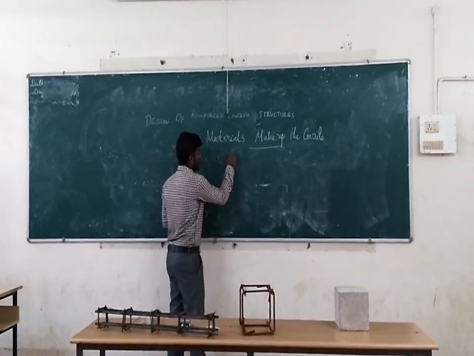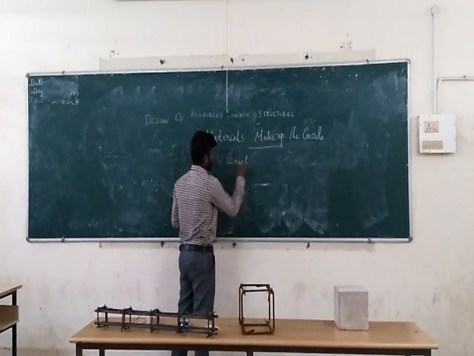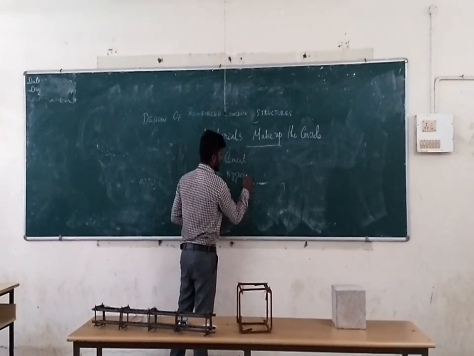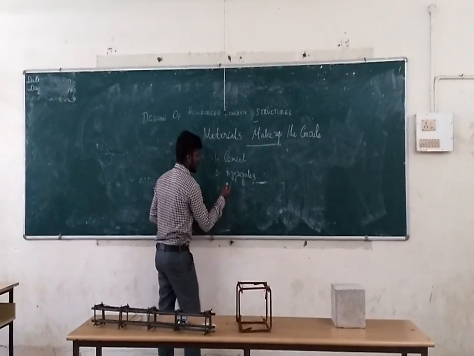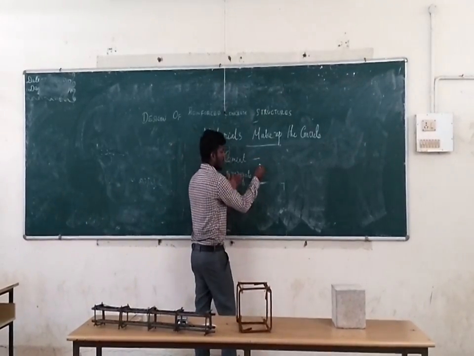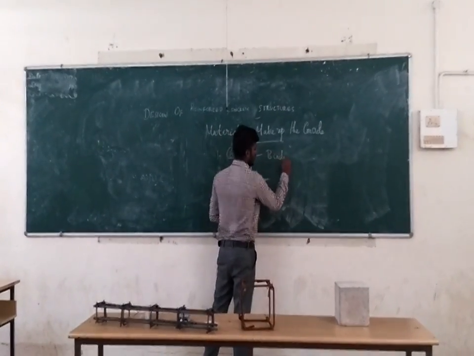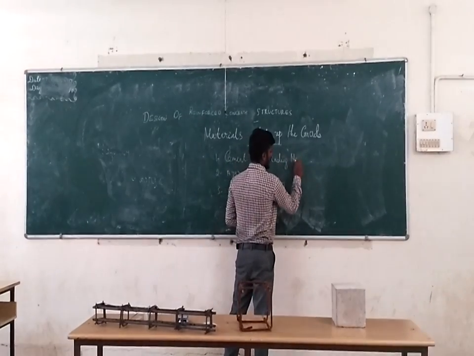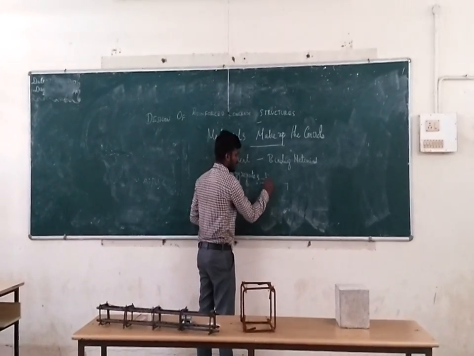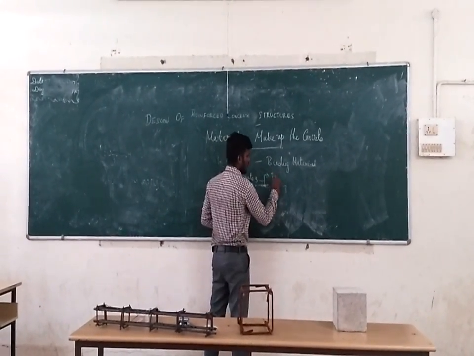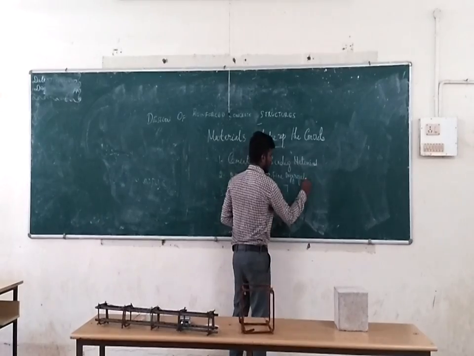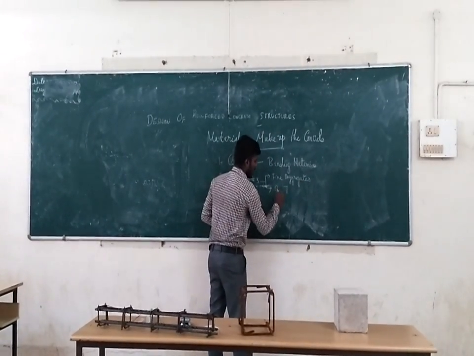First one is cement. Second one is aggregates. Third one is water. Here, cement we call the binding material. The second one, aggregates, we can split into two parts: one is fine aggregates, another one is coarse aggregates.